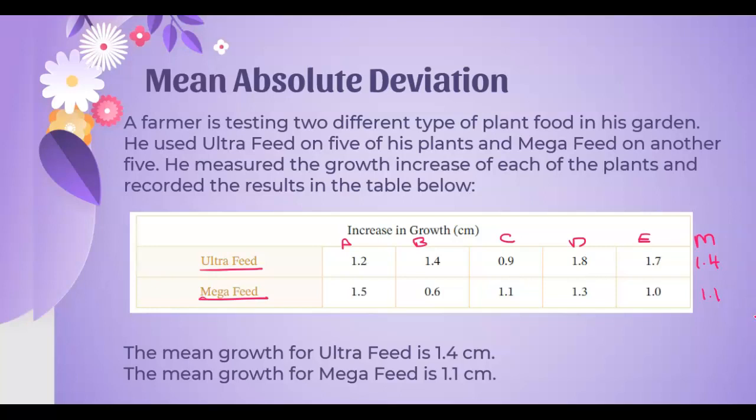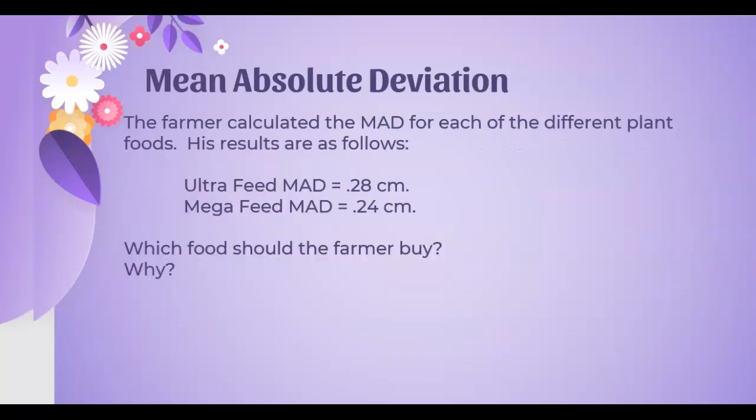The means are pretty close, 1.4 and 1.1. I don't know. Maybe there's another measure we could do. Yes, we can find the mean absolute deviation, or MAD, and see which one is more consistent.